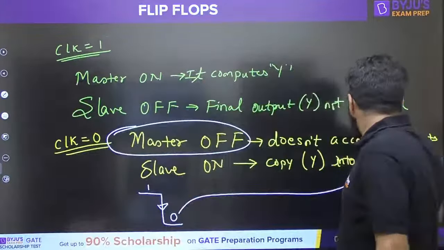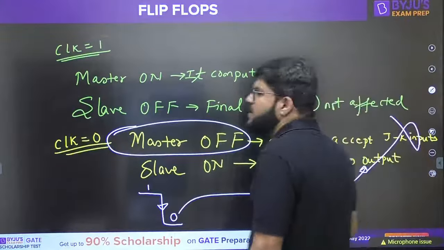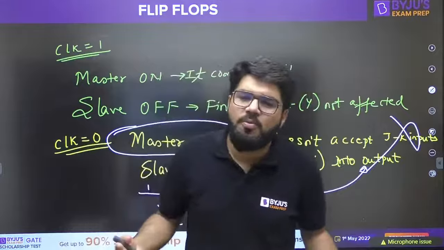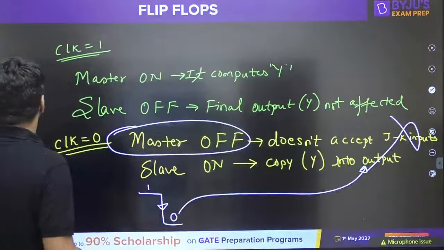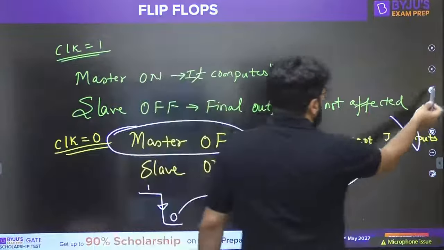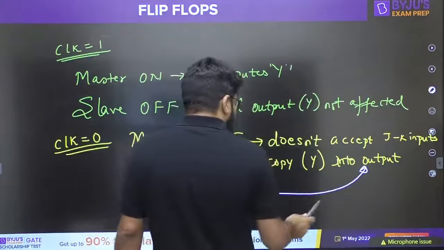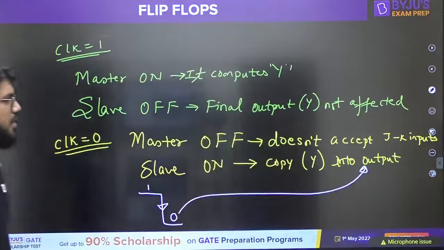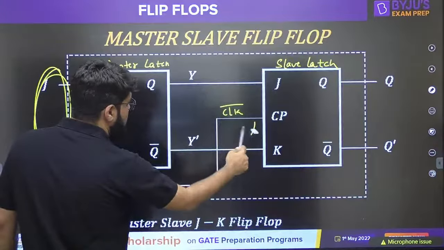Because the master is off, it does not accept the JK inputs. So inputs are no more accepted and there cannot be a double toggle, and this is how we overcome the race around condition.